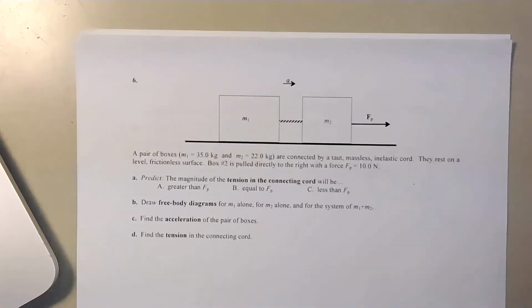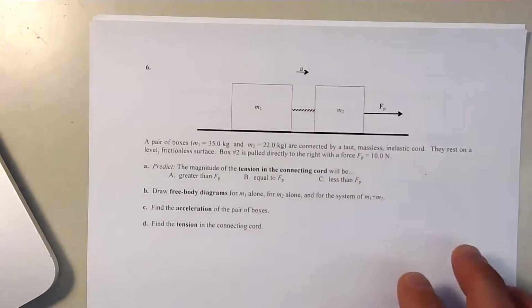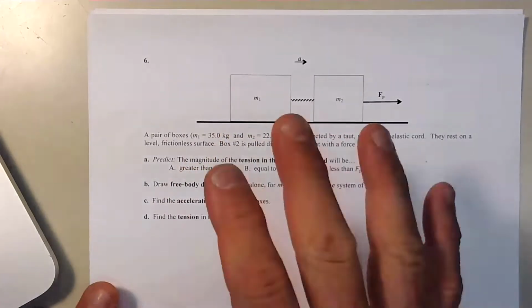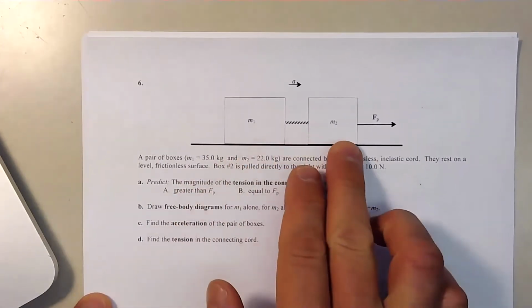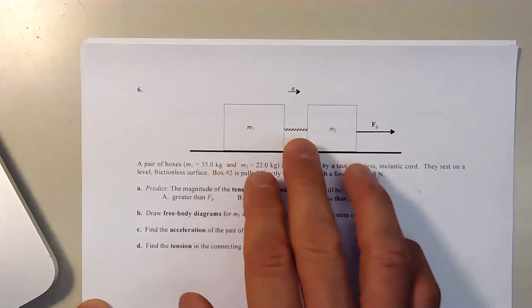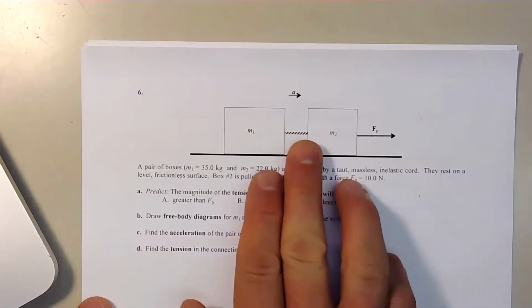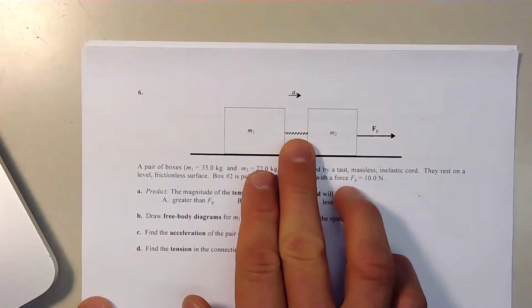The last thing I wanted to mention before we actually start example 6 is something that I said near the end of part 1, and that is when we have objects that are either stuck together or connected, in this case by a taut inelastic cord. So that means that this cord doesn't stretch like a spring.